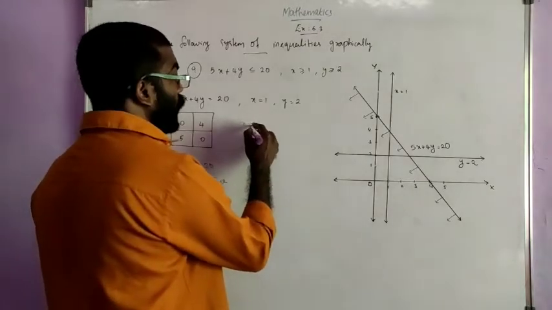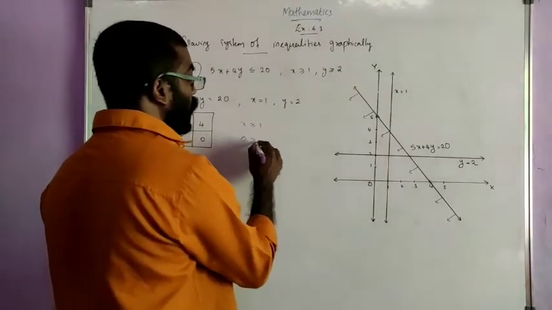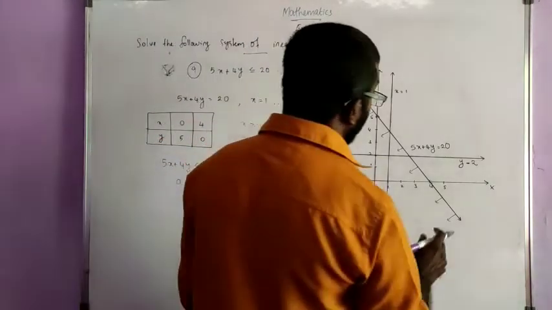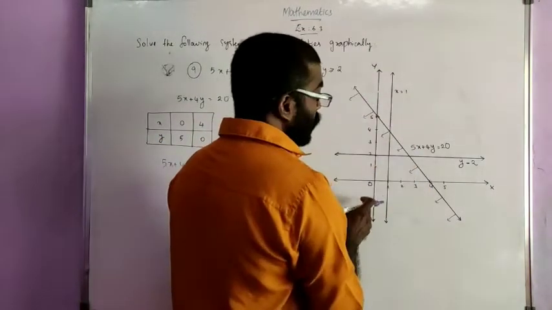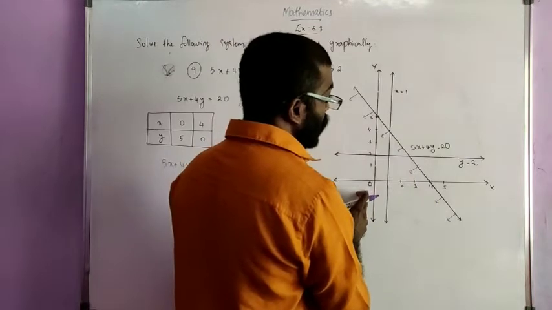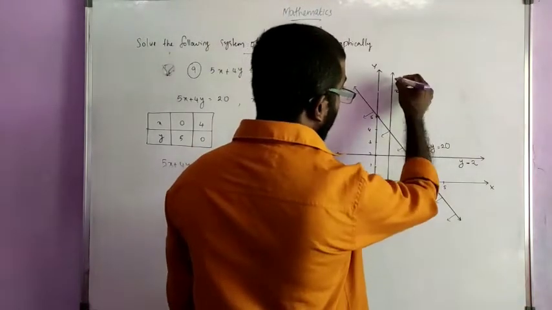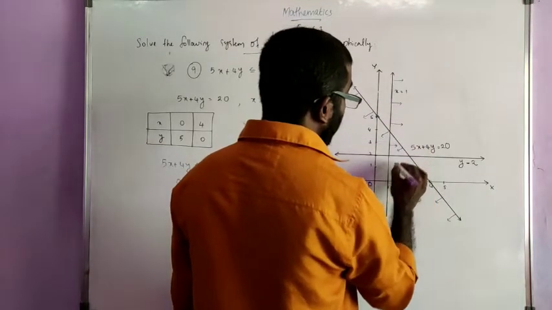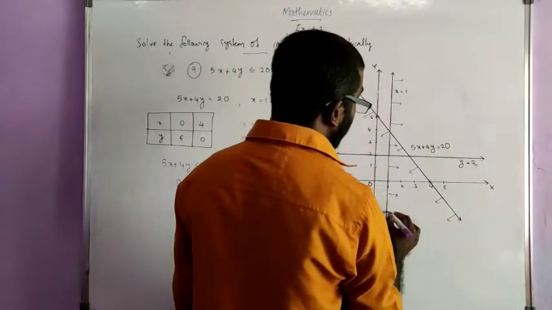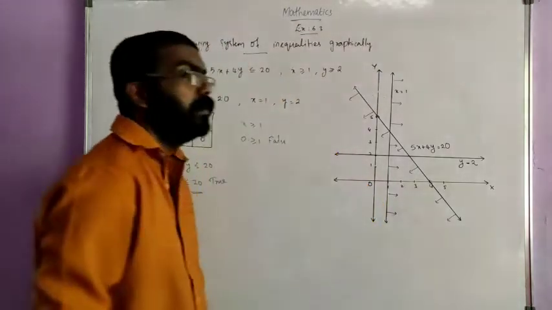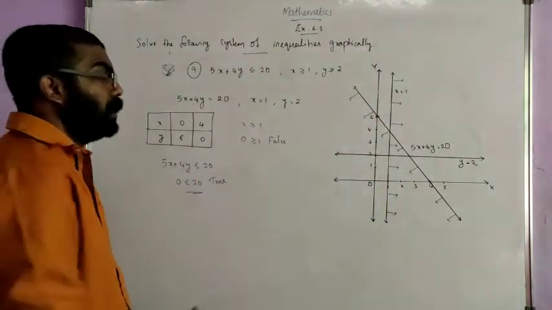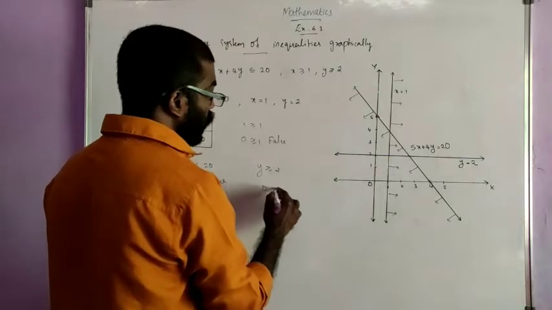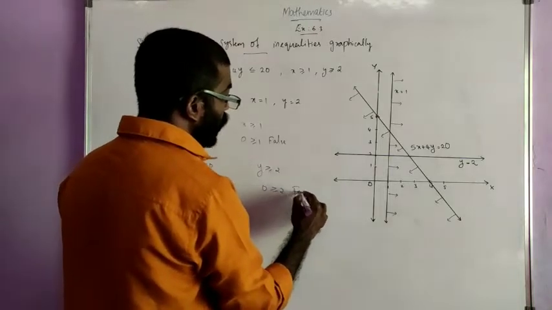Then x is greater than or equal to 1, 0 greater than or equal to 1. It's a false statement. So for this line x equal to 1, 0, 0 doesn't lie in the solution region. So right part will be the half plane. Okay, right part of the line x is equal to 1. Now we can consider the third one, y is greater than or is equal to 2. 0 greater than or equal to 2, that also is false.